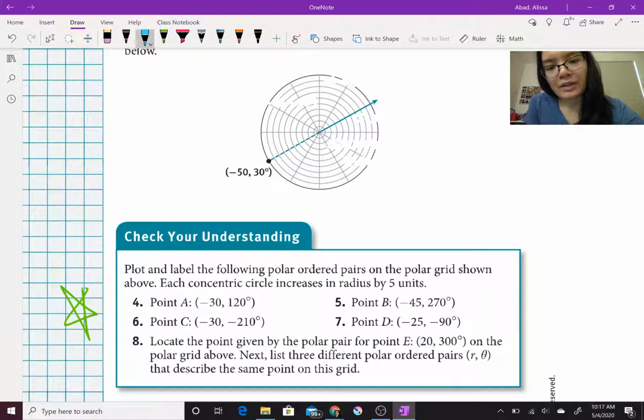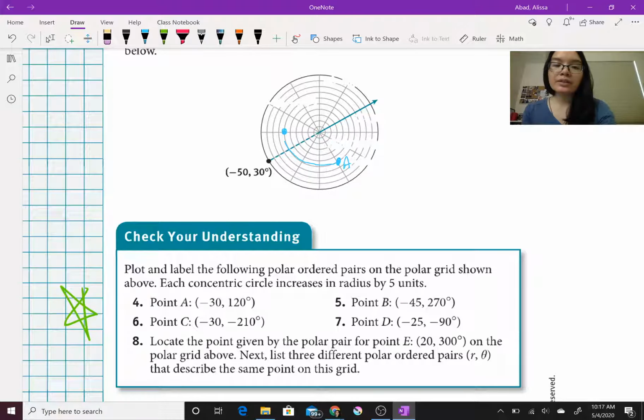So I'm going 5, 10, 15, 20, 25, 30, or 6 of those there. I would go in the opposite direction with negative 30. And then from here, I'm going to go 120 degrees, and it's still going counterclockwise. It's positive 120 degrees. So this is 90 degrees, and then here's 120. So this should be just traveling along over here. So this is going to be point A.